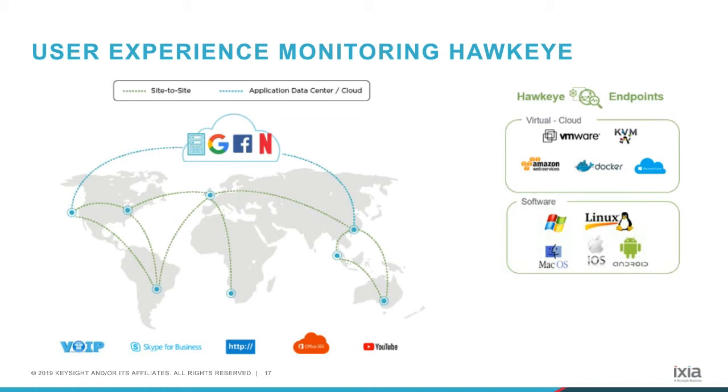We have virtual solution containers, and I think Joe in this presentation will explain how we deploy these endpoints. But for those sites that don't have an easy way to deploy software or virtual endpoints, we have hardware options so that we can really cover any type of remote site with our endpoint deployment.